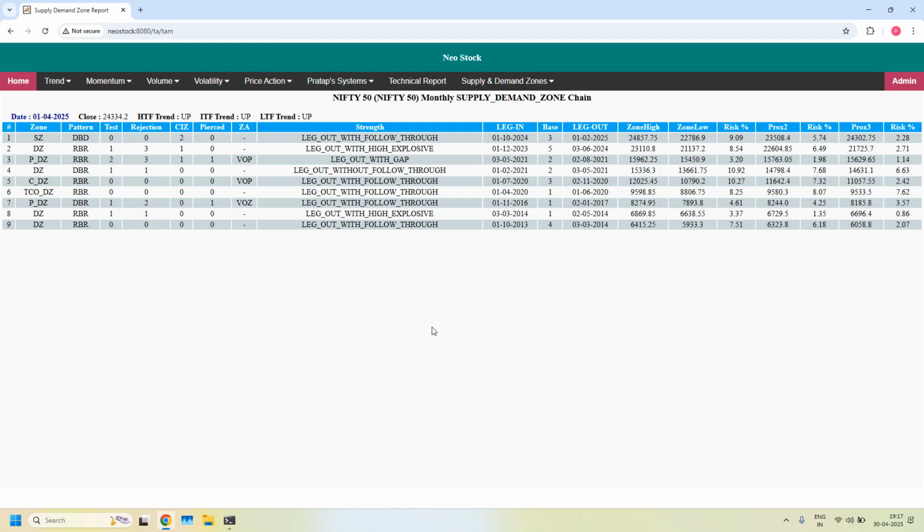For any supply demand zone chain report, always look into the zone column to find high liquidity zones, look into the pierced column to find the pierced zones, and look into the LTF trend to find the trend of the current time frame you have selected. And you know one time frame higher is ITF and one more time frame higher is HTF. That way you can understand remaining reports.